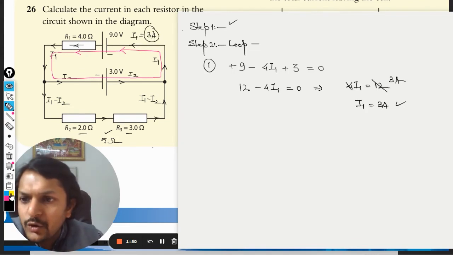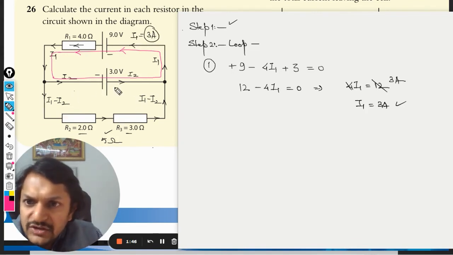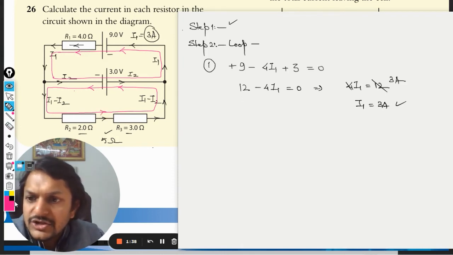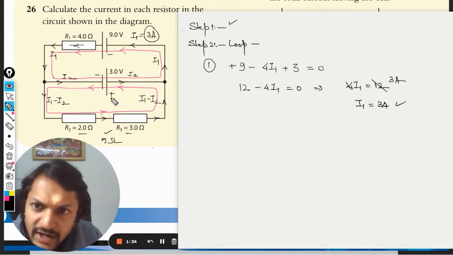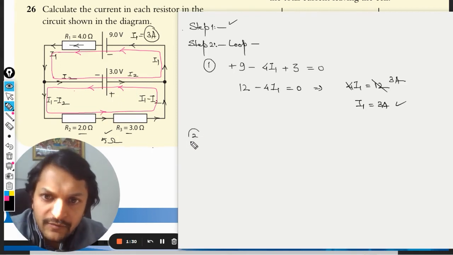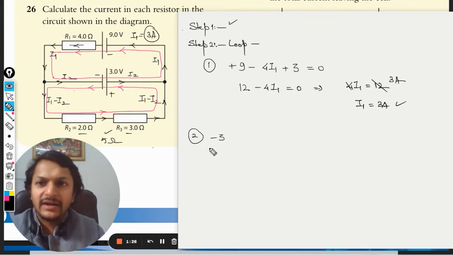So for that we are going to have another loop, and we are now going to mention it. So this loop can be taken as moving like this, like this, like this. So how to write this equation? First of all, this loop is now encountering the positive terminal of the battery. So we would first be taking the negative value of the EMF, that is minus 3.